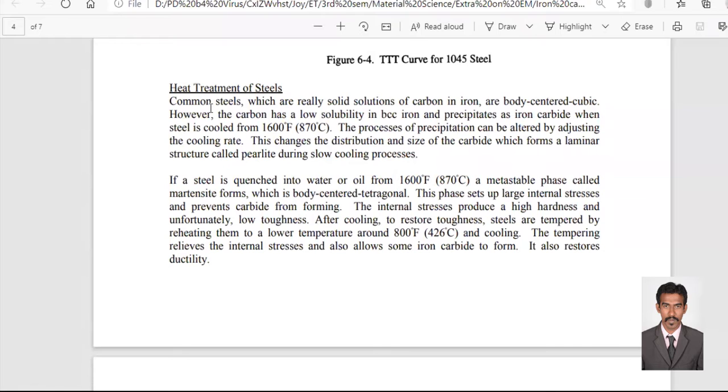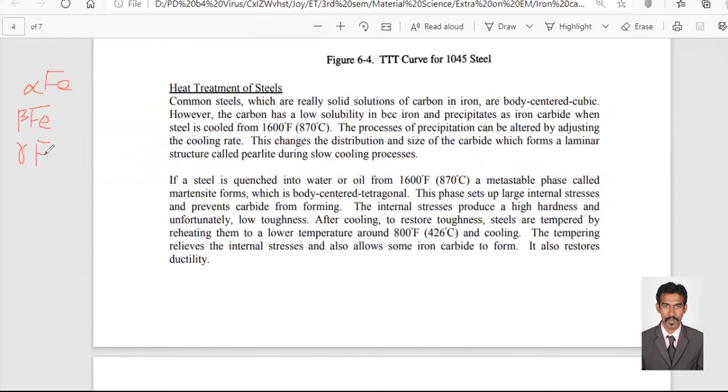Common steels, which are really solid solutions of carbon in iron, are body-centered cubic. There are different structures for different phases. While you're studying structures, BCC, FCC and all, you might have seen examples like alpha Fe, beta Fe, or maybe gamma Fe.